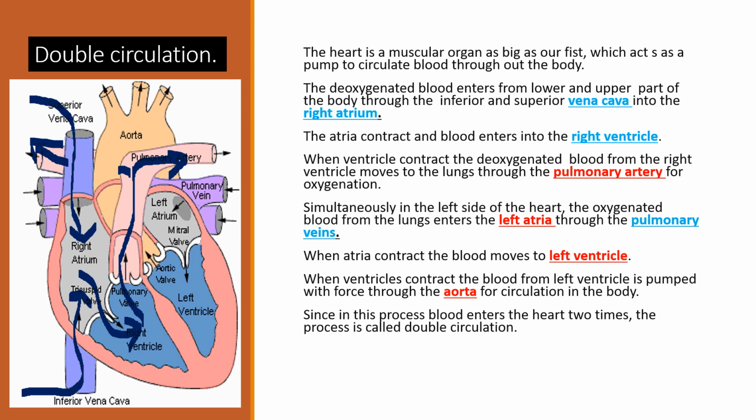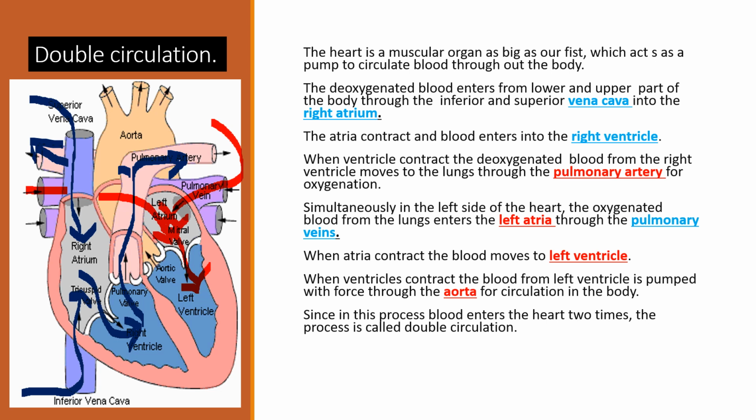At the same time, on the left side, blood from the lungs comes into the left atrium through the pulmonary vein on either side. On atrial contraction on the left side, the blood moves into the left ventricle.